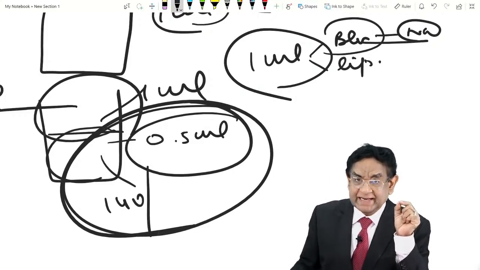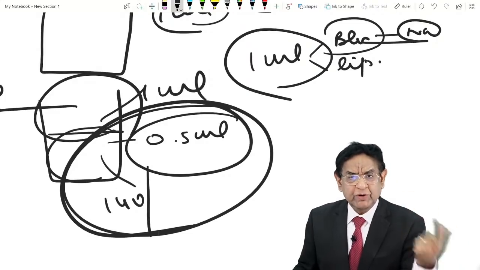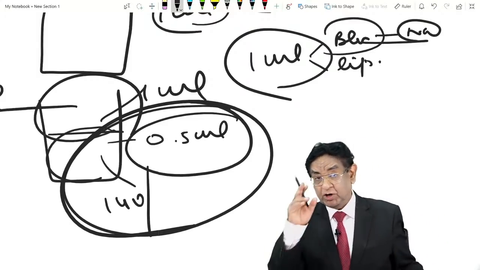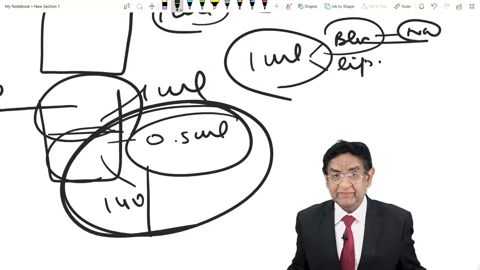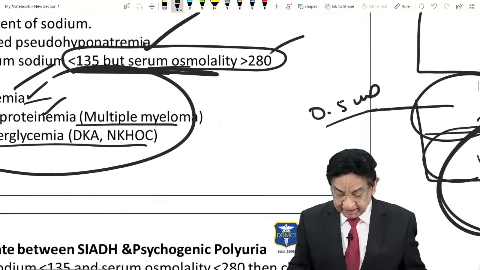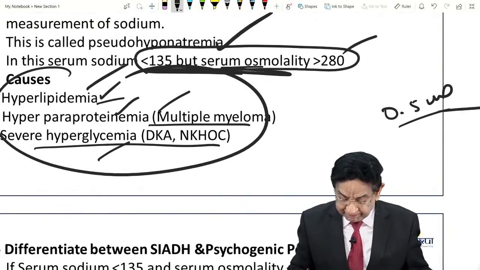So it's a technical problem. So friends, if you are getting hyponatremia, you will like to check the serum osmolality level also. If the serum osmolality is normal, then we are dealing with pseudohyponatremia. Think about hyperlipidemia, multiple myeloma and hyperglycemia.